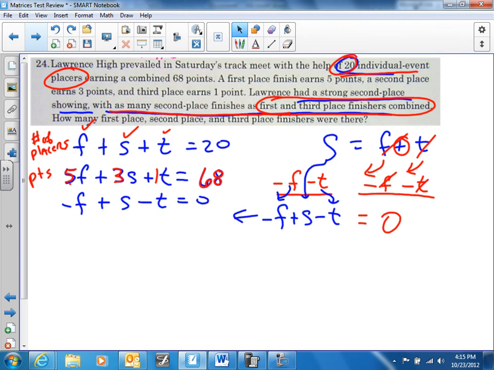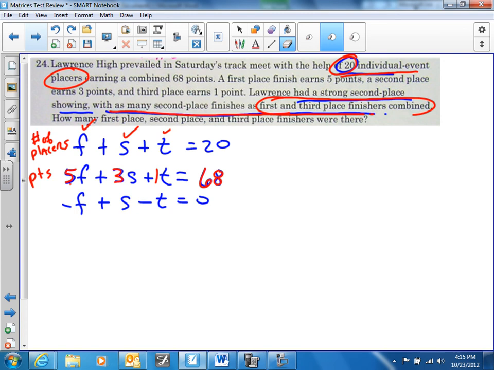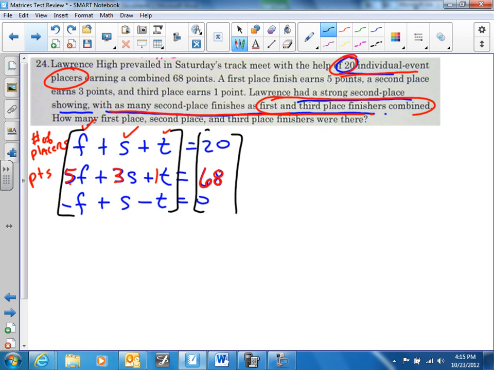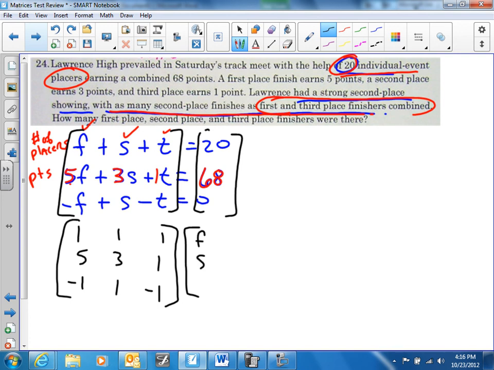Now, once I have all of that established, I'm simply going to write me a matrix equation. All right? And I'm going to have 1, 1, 1, 5, 3, 1, negative 1, 1, negative 1. And it's going to be first, second, third equals 20, 68, 0.